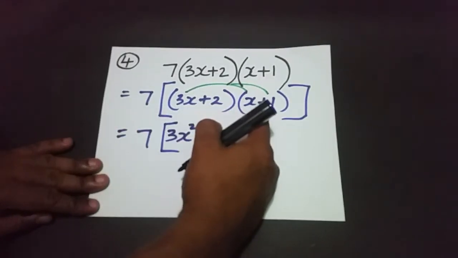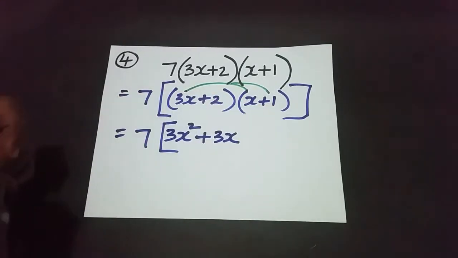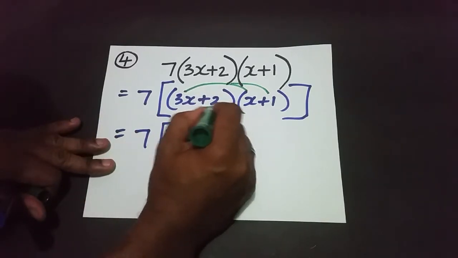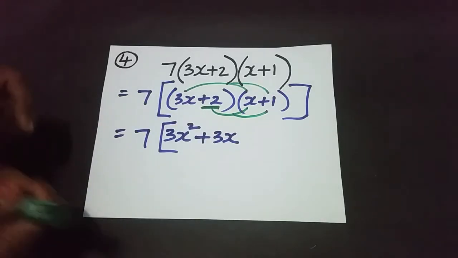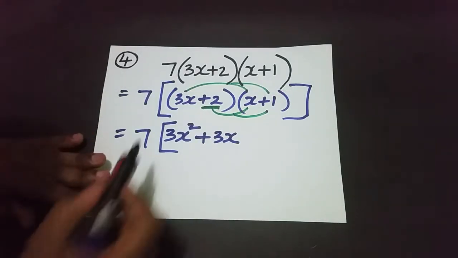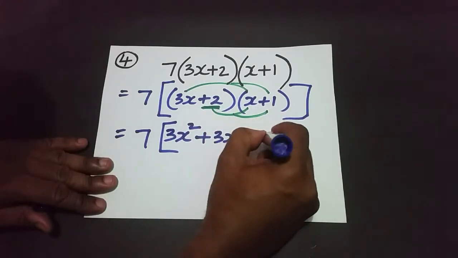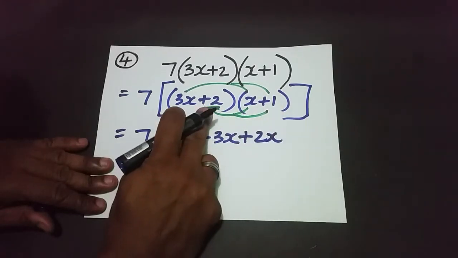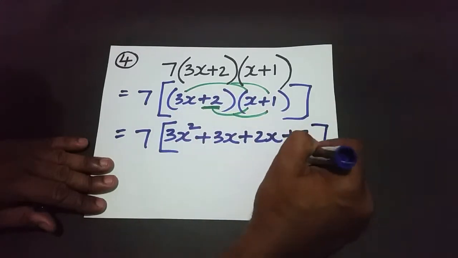Positive 3x times positive 1, that is positive 3x. Now that I've finished with that, I'm going to come to the positive 2 and proceed to multiply those two guys by the positive 2. Alright, so positive 2 times positive x is positive 2x, and positive 2 times positive 1 is simply 2.